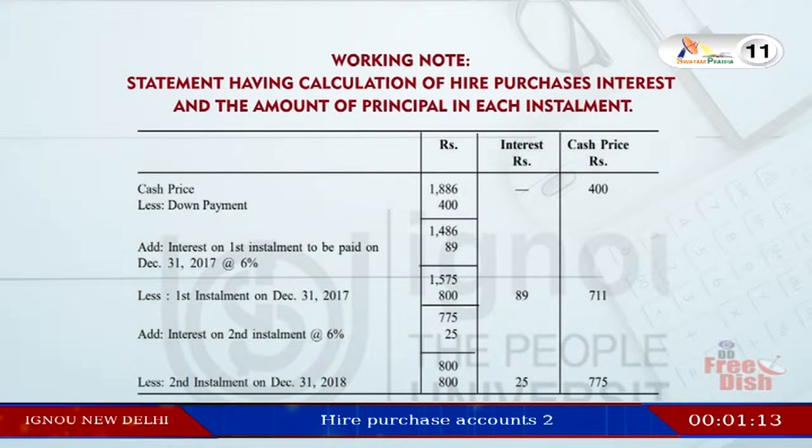Then on 775 we can easily calculate the amount of interest on second installment at 6%. So it comes to rupees 25, because the total amount of second installment is 800.